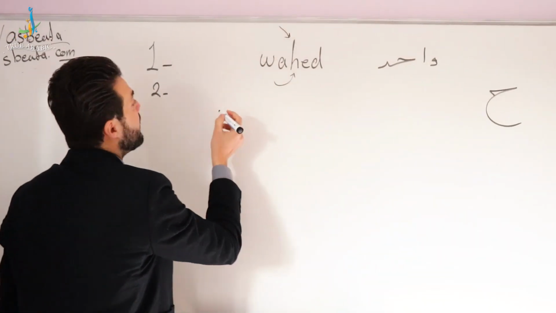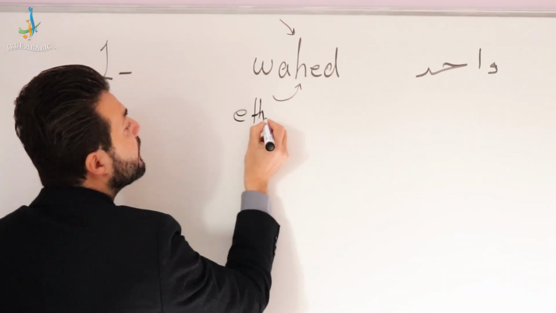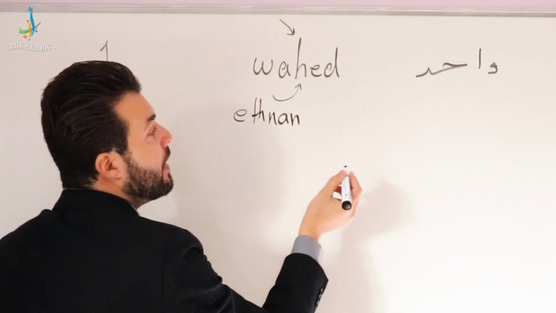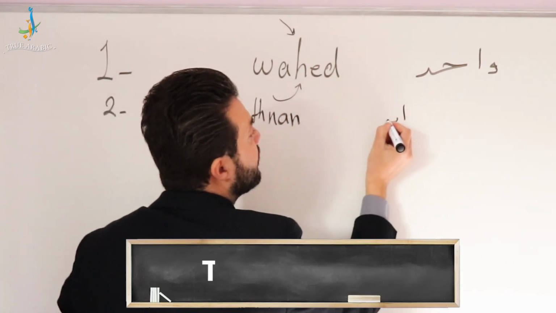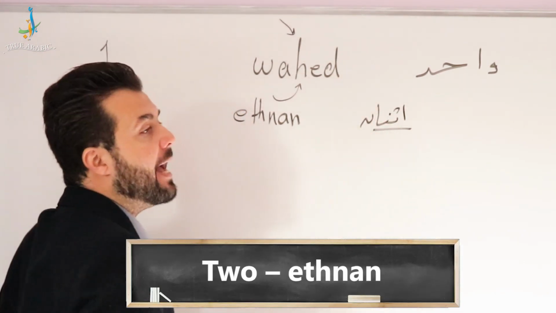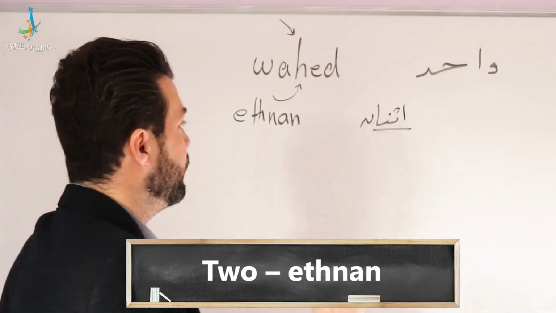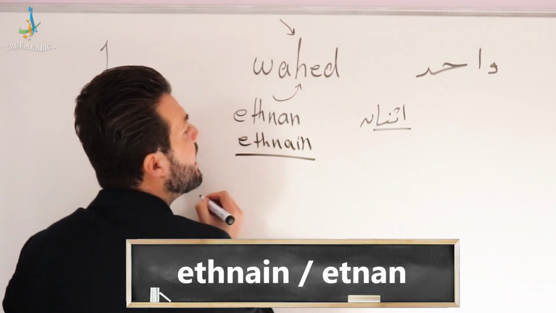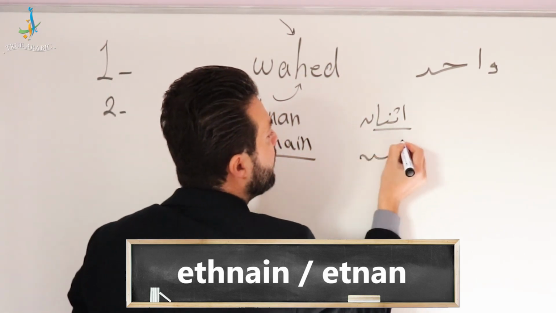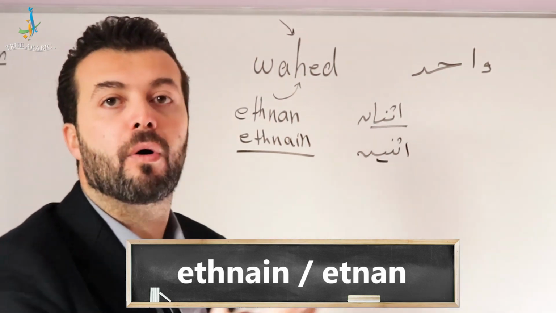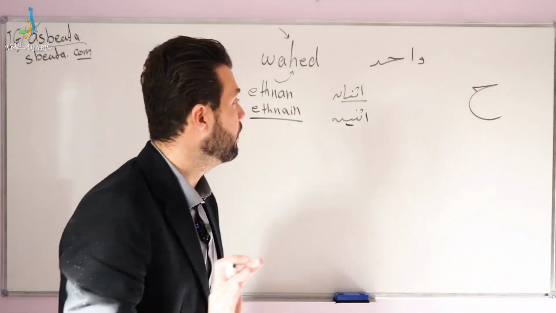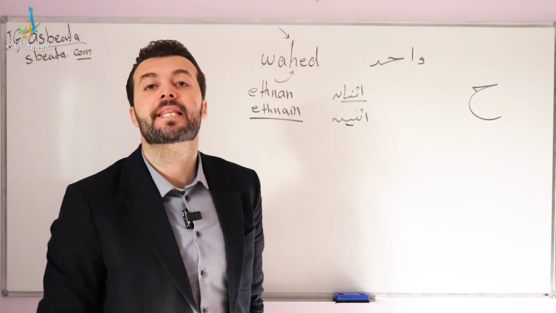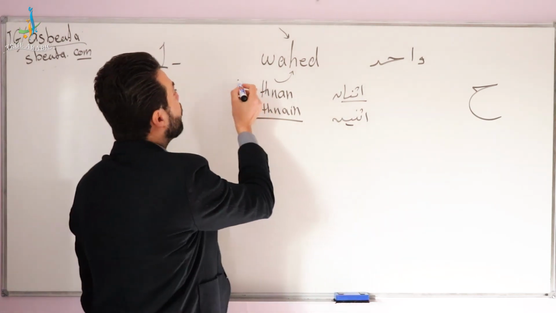The original one is اثنان, and we write it this way. اثنان or اثنين, both of them. It depends if it's a subject or object. So we say اثنين or اثنان, and this is the original one.